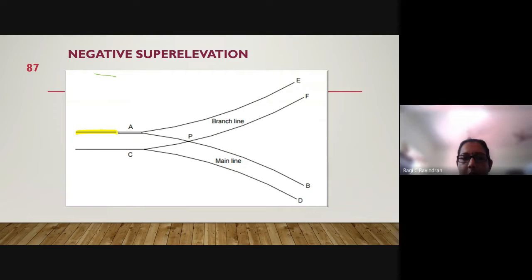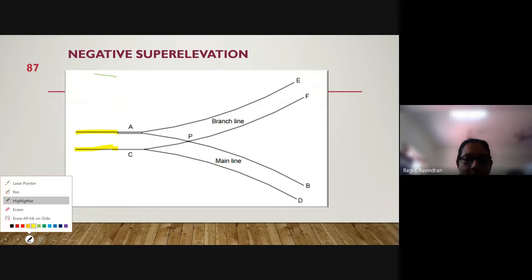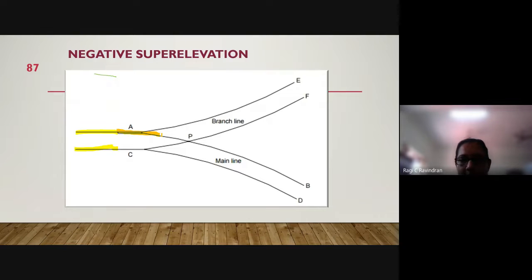So this was the actual single line track, right? And at this point, the track is getting diverged. So this is the main line, okay? And this AB is the outer rail of the main line, and CD is the inner rail of the track section, okay?